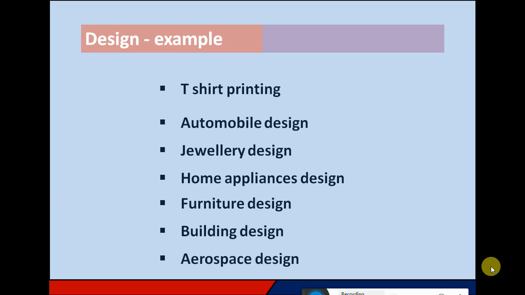A normal t-shirt can be purchased at 150 or 200 rupees, but if any slogan is printed right down there, or a specific design is there, then definitely its price will be increased. Even jewelry design, means a lot of complicated shapes can be designed. Automobile design, almost after every 2 months there are new models.